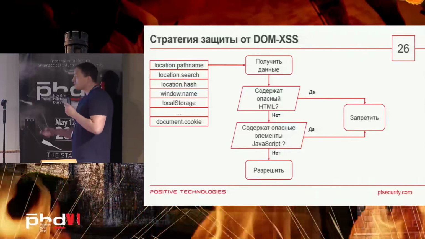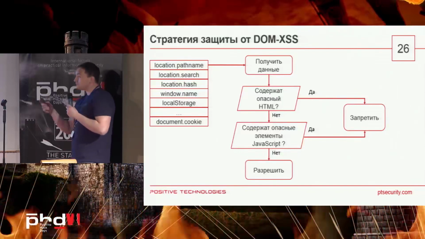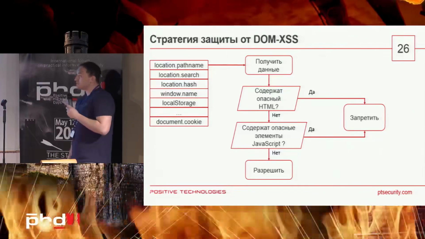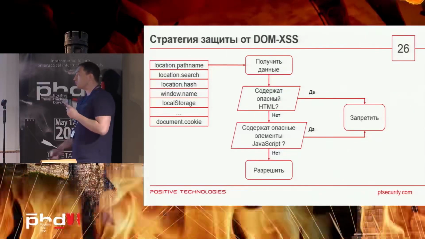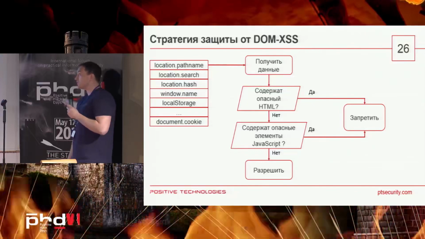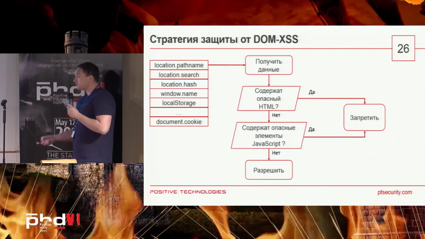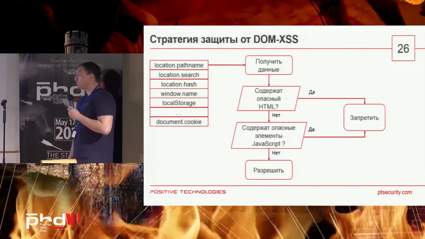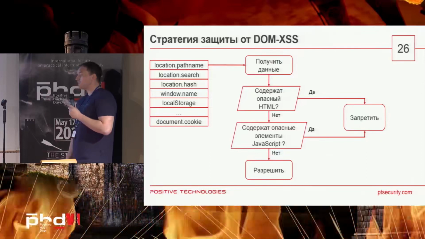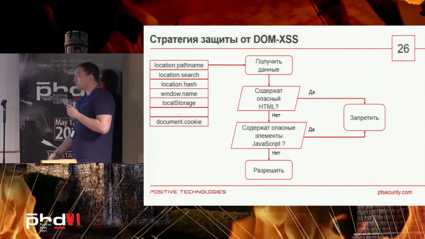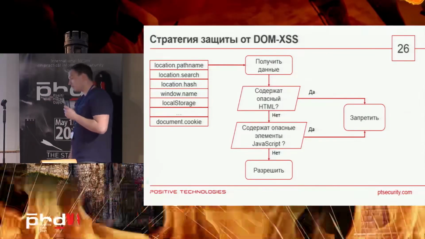What kind of strategy can be used for protection? We need to get data somehow, analyze those data, and then find out if they contain dangerous HTML. If the answer is yes, we should ban them. Otherwise, we should check if they contain any dangerous JavaScript elements.